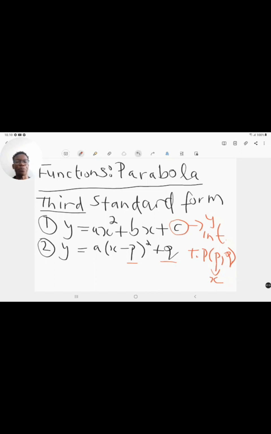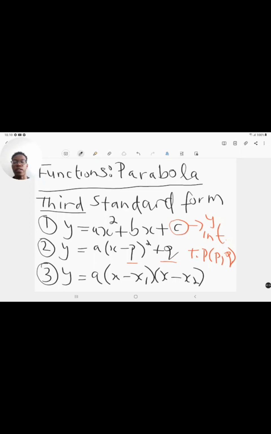Now we are going to be looking at a third standard form, and the third standard form is of the form y is equal to a, open bracket, x minus x1, close bracket, x minus x2.